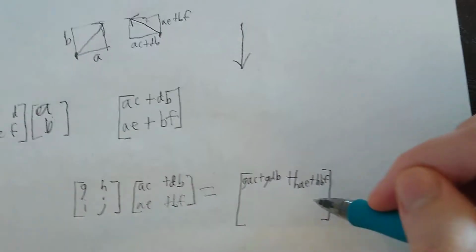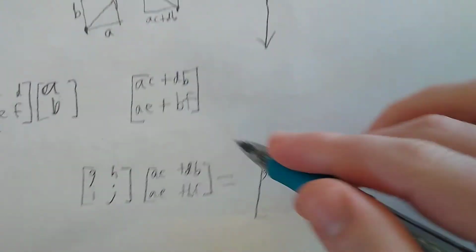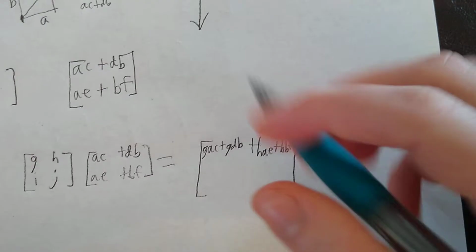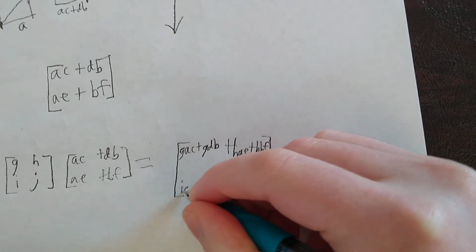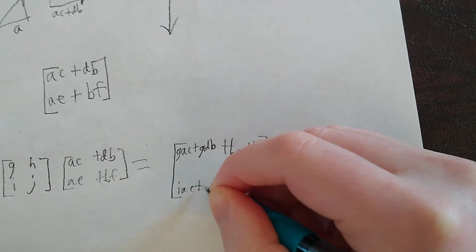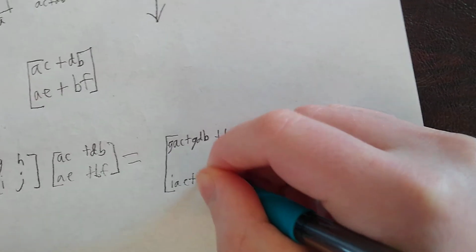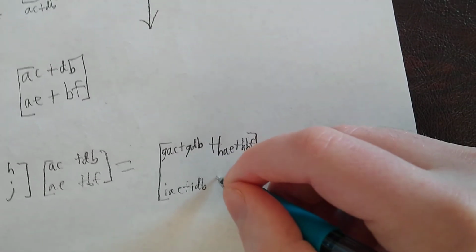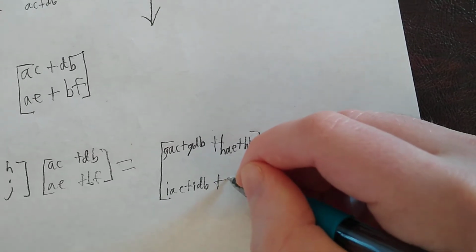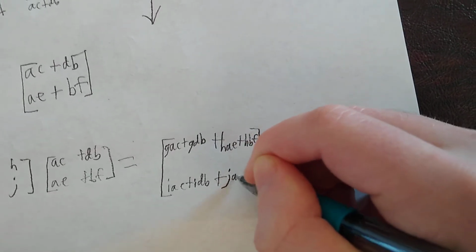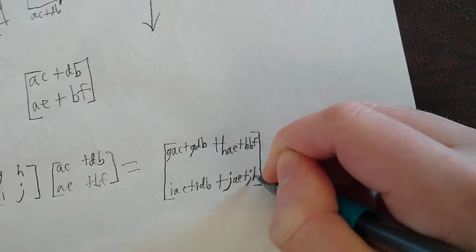Now, this bottom thing here is going to be the same process except with I and J. So it's going to be IAC plus IDB, then plus JAE plus JBF.